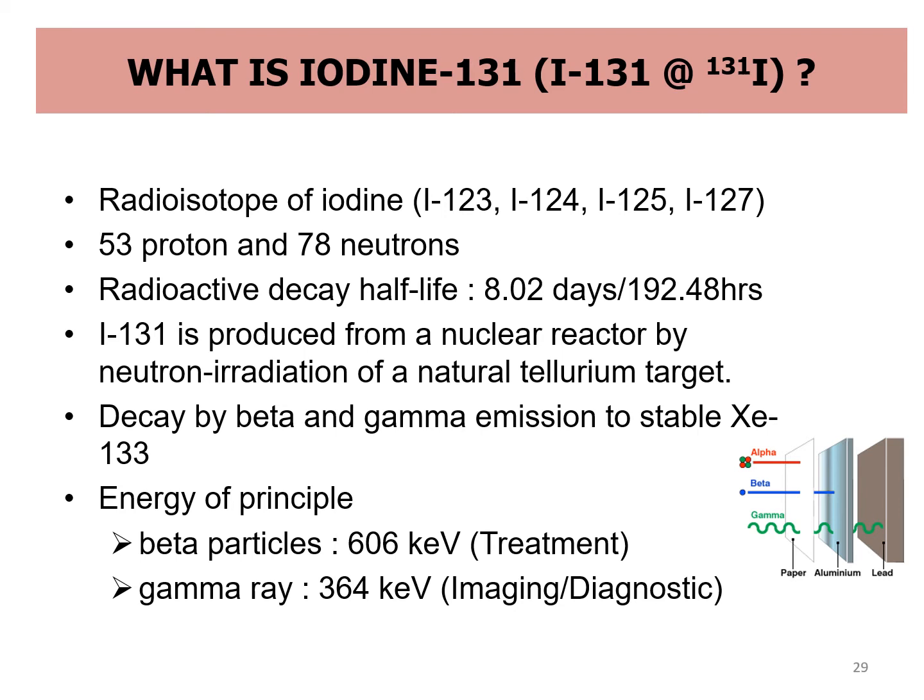This is why it is required for the patient to be quarantined for about 1 week if they ingest this radioiodine, to make sure that the background level goes back to the normal reading. Iodine 131 is produced from a nuclear reactor by neutron irradiation of a natural tellurium target.